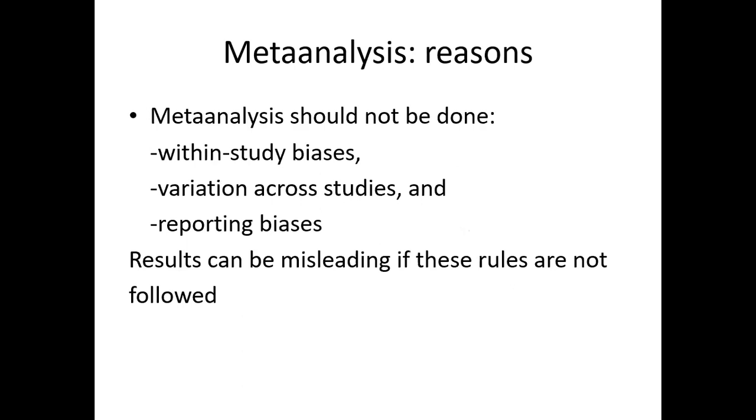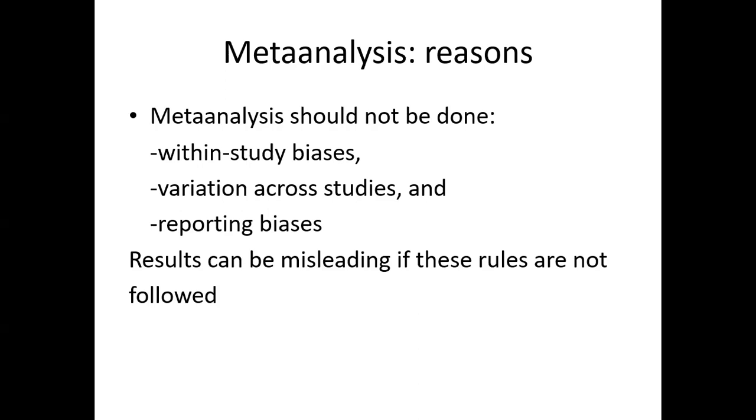Meta-analysis should not be done in some specific situations. You should not do it all the time. If the studies that you want to include have biases, don't do meta-analysis. Remember, garbage in, garbage out.